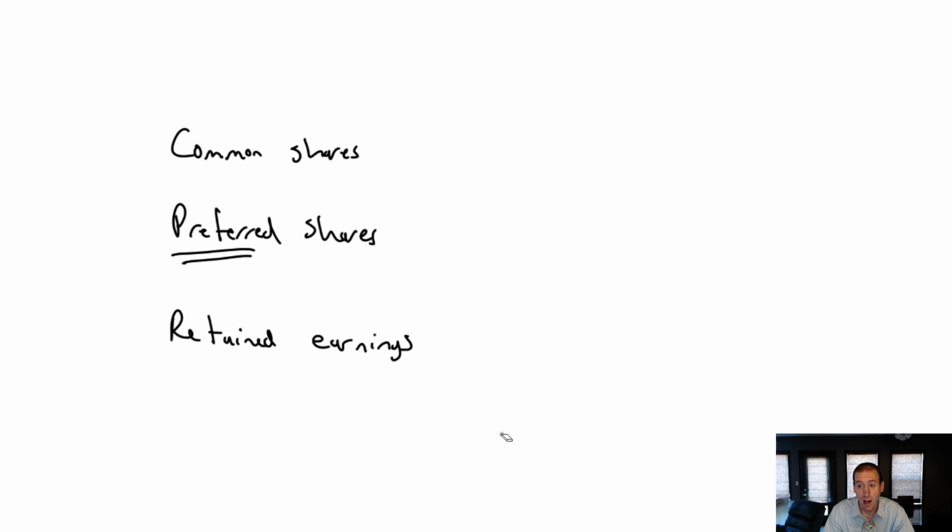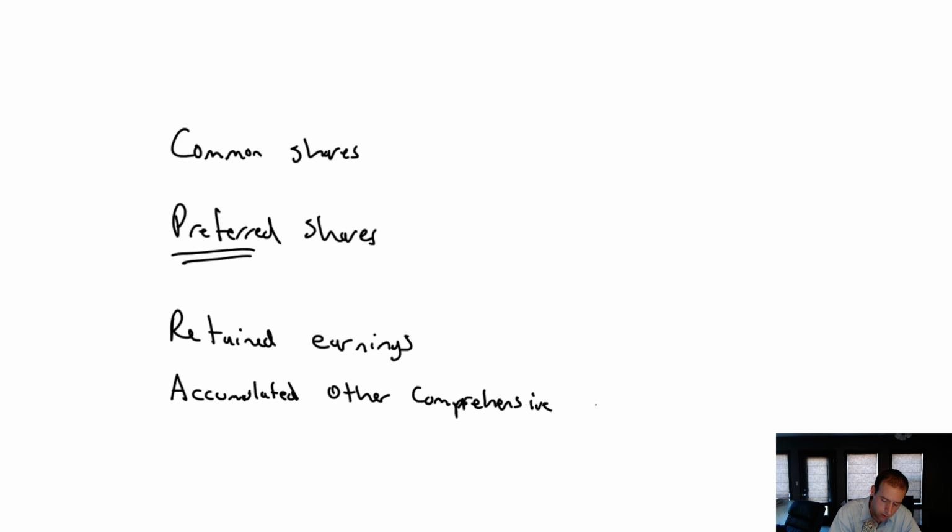Okay, a couple of other accounts to worry about. Well, the key one I want to focus in on is accumulated other comprehensive income. Now, what is accumulated other comprehensive income?